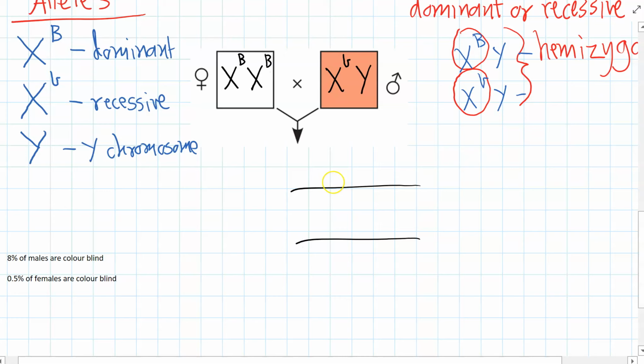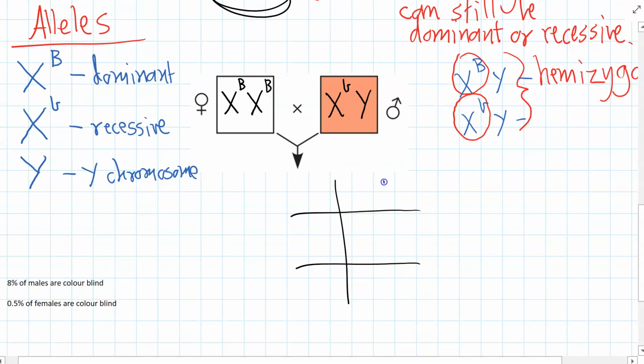Alright, let's set up our Punnett square. So for the male, he can give either his colorblind X chromosome or his Y chromosome. And the mother, well, she can only give her X chromosome with a healthy allele.